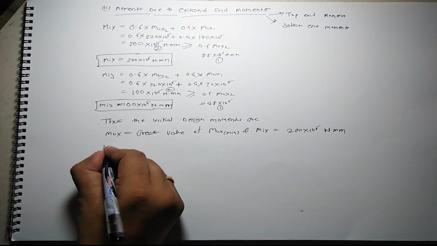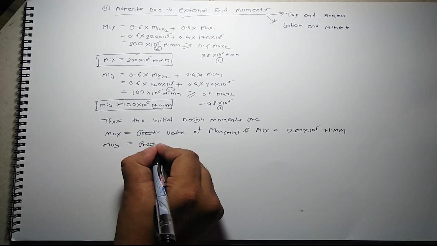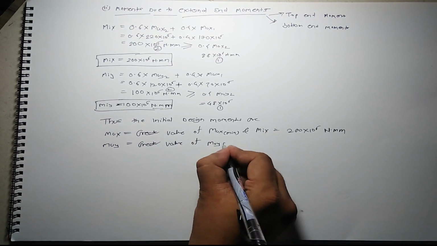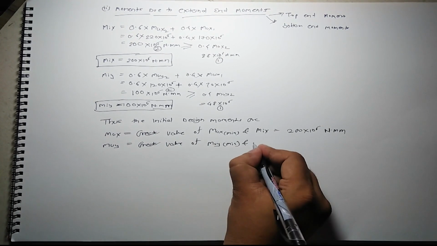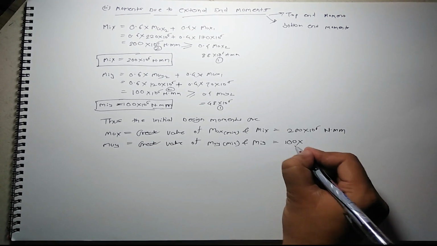And similarly Muy equals the greater value of Muy minimum and Miy. So I think 100 is greater.